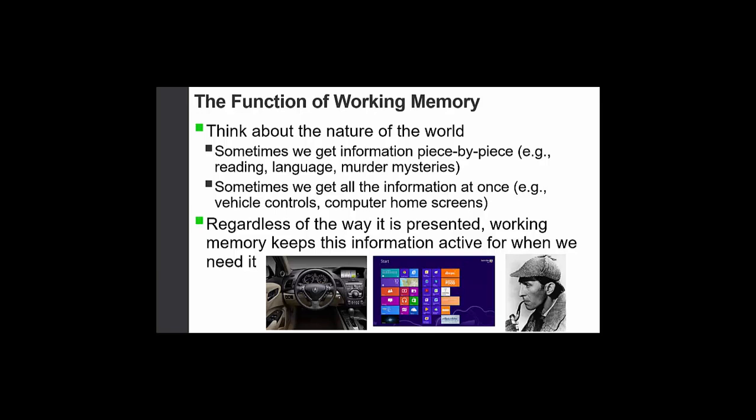A really good example of this is language, right? In order to understand the sentence that I'm saying right now, you have to keep all the words from the beginning of the sentence in working memory until I get to the end, so that you can put those words together and abstract some sort of meaning from it.